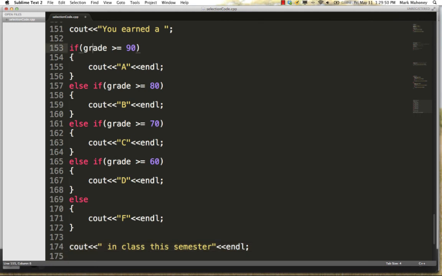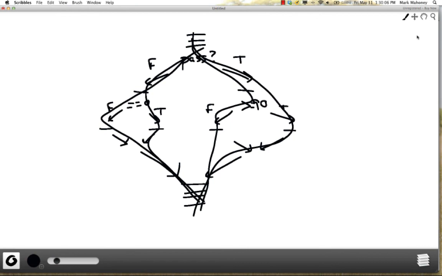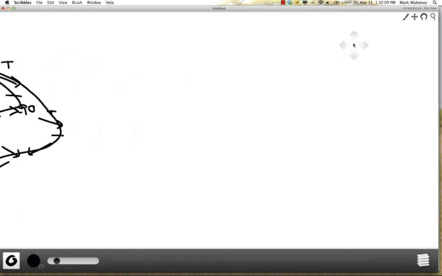Right? Because if they had received 90 or greater, they would have executed this and skipped all the other ones. So the fact that we're even comparing grade to 80 means that we know for sure this was not true. And this allows us to choose from not just one path, but many.